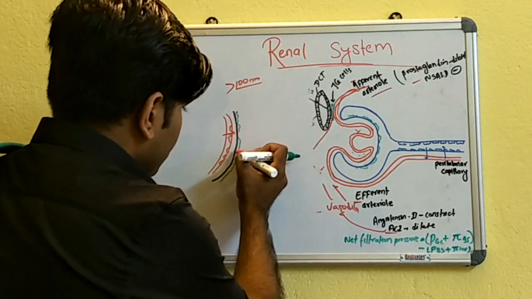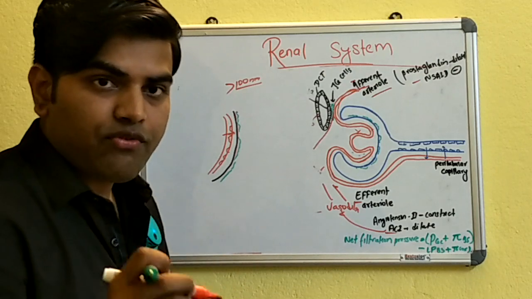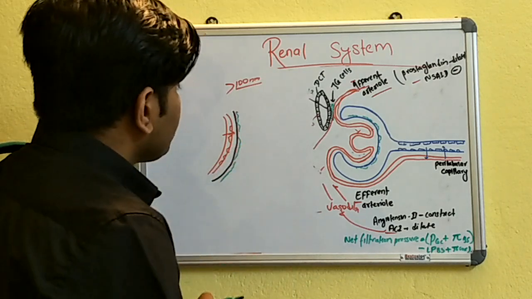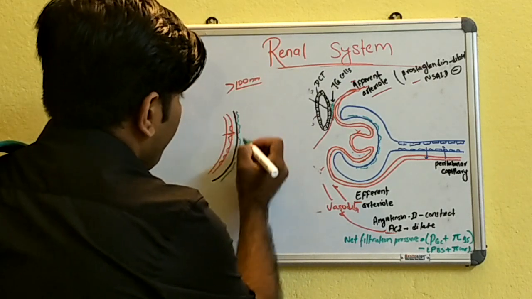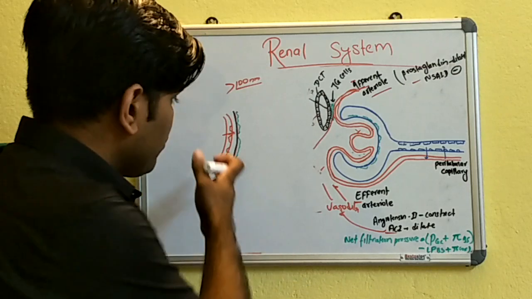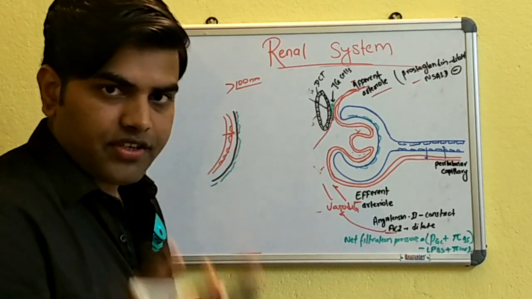It reaches the basement membrane. This is type 4 collagen with heparan sulfate, and then there comes the epithelium, the podocyte layer. So: endothelium, basement membrane, and the podocyte epithelium.